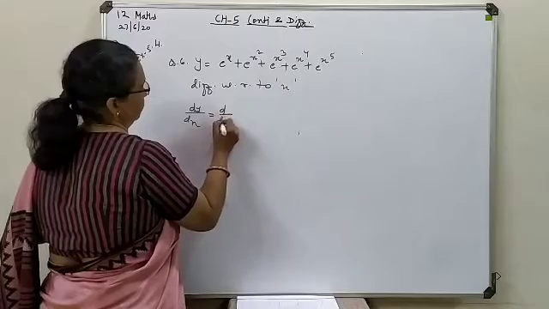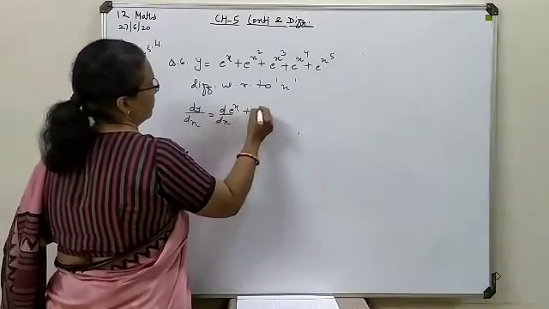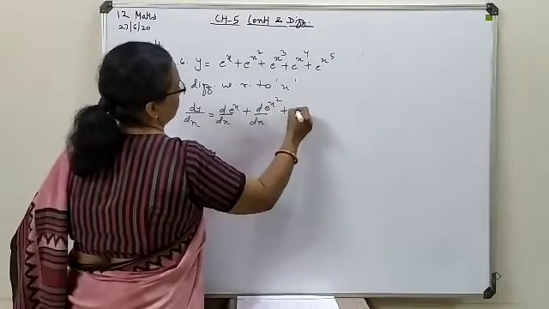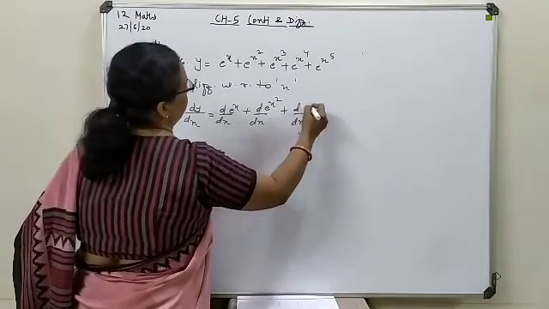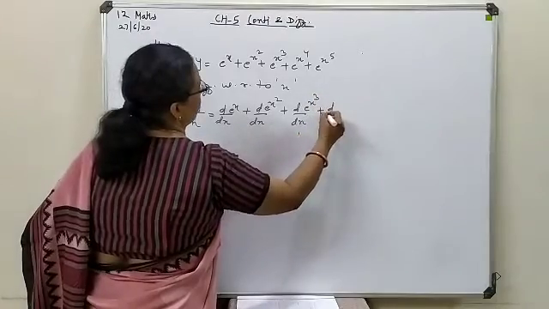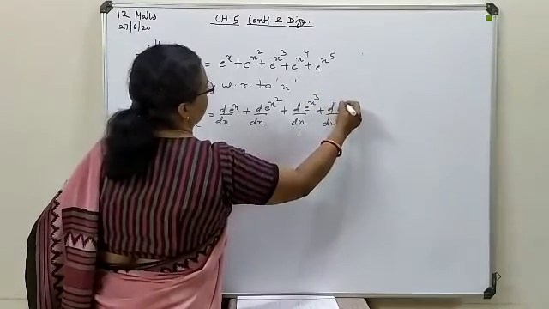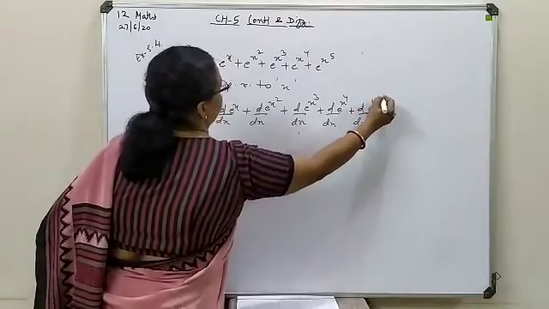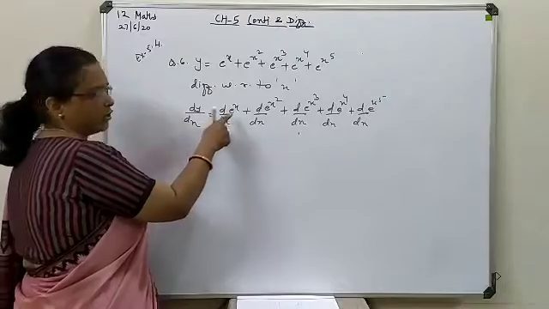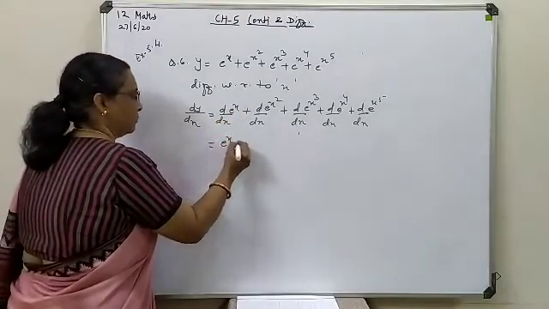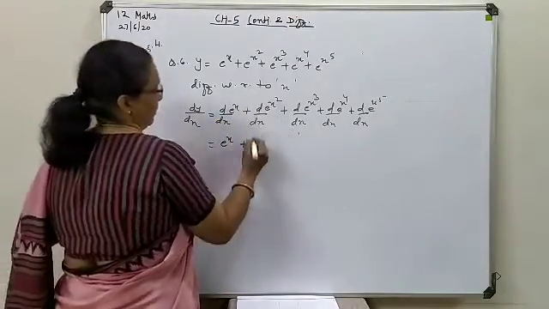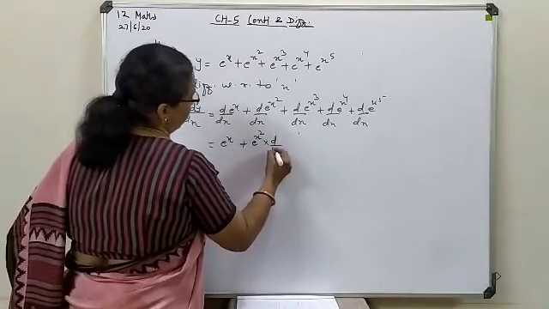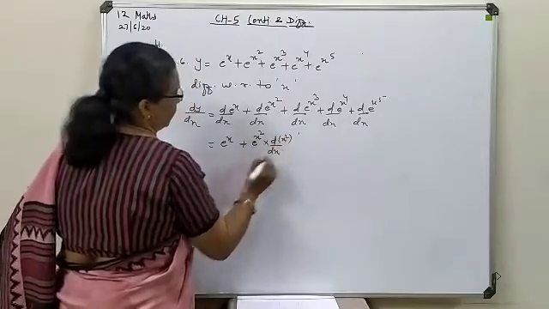dy by dx: differentiation of e power x, differentiation of e power x square, differentiation of e power x cube, further e power x4, e power x5. Here the differentiation of e power x is e power x. Here again e power x square is to be written as such, and as a product you will write the derivation of x square over here.